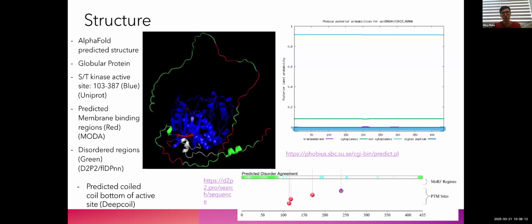There's two predicted disordered domains, one by the N terminus at the top left there, and one by the C terminus in the bottom right there, which I've colored in green. And in those disordered regions are multiple predicted membrane binding regions, which I've colored in red. Unfortunately, there were no signal peptides predicted by Phobius, and as expected, there's no transmembrane regions because it's predicted to be a globular protein. There's also a predicted coiled coil at the bottom of the active site in blue there.